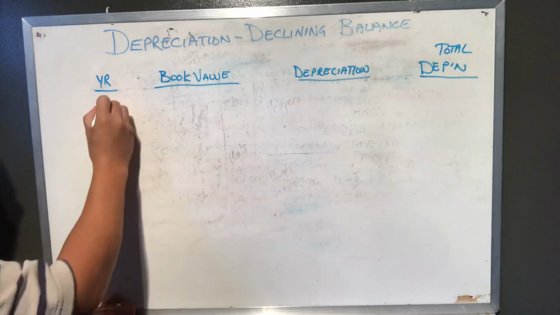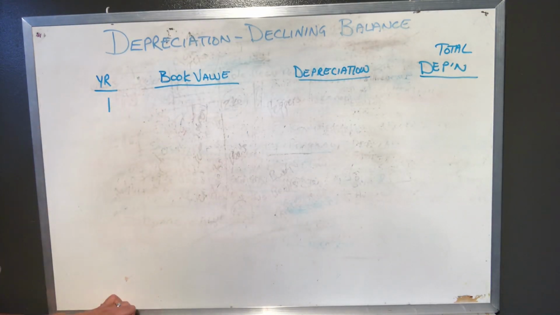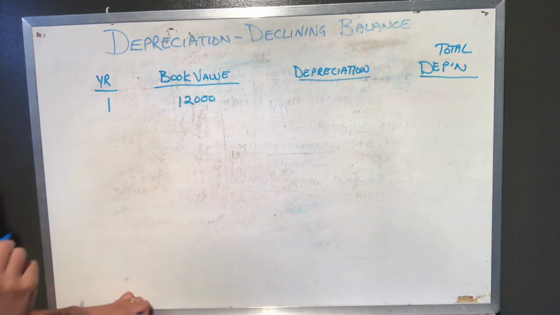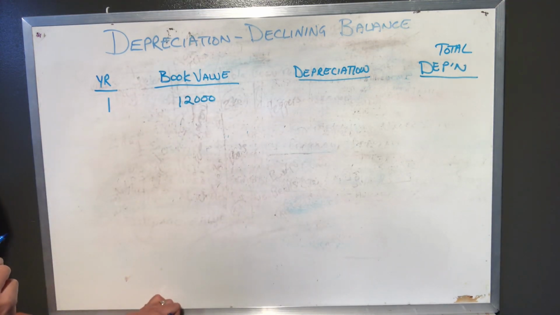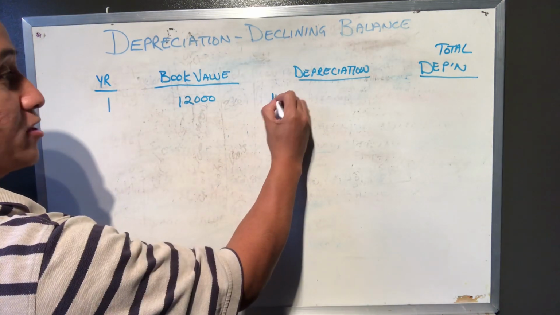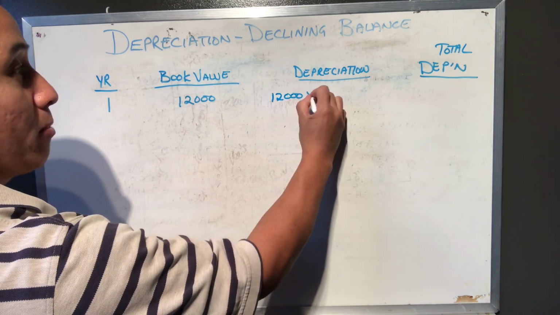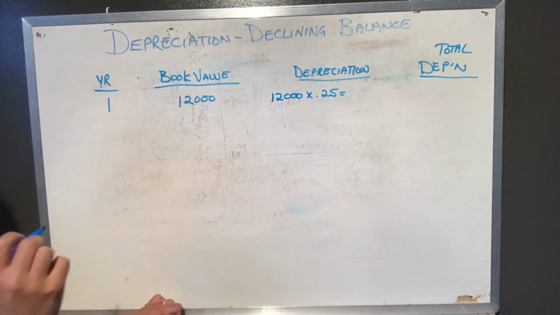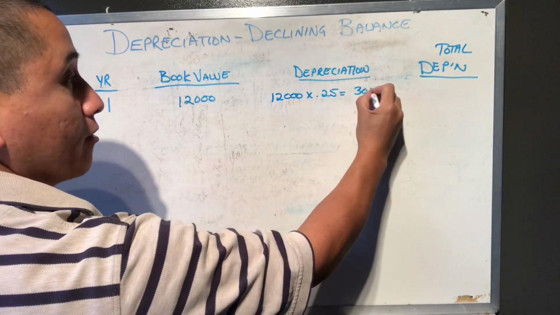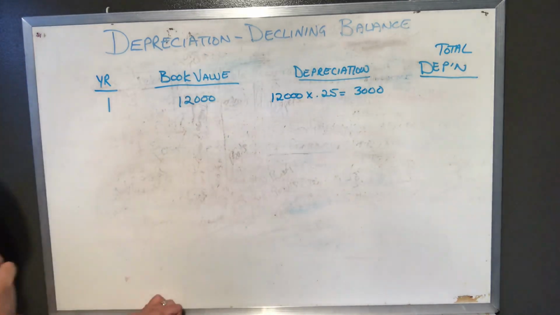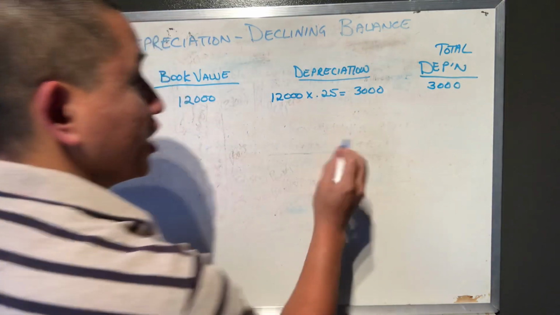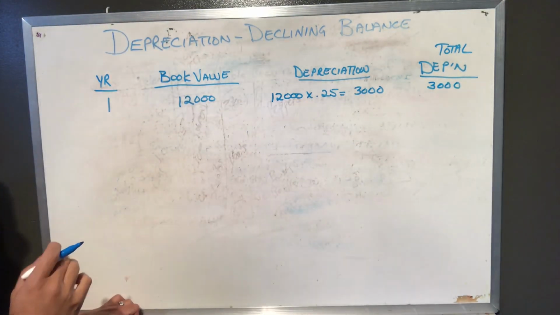So, in year 1, the way we're going to calculate this, we'll take $12,000, which is the cost of the computer, and to calculate the depreciation, we'll multiply the $12,000 by the 25%, and that would yield $3,000. So in this case, the total depreciation recognized so far is $3,000.